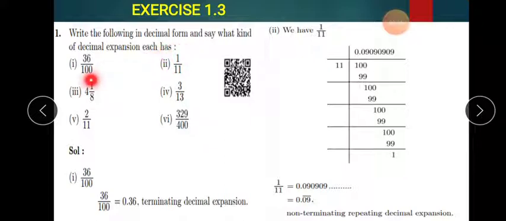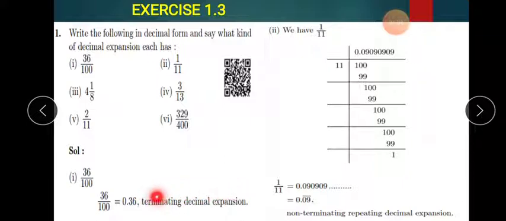So the first question, 36 by 100. So 36 by 100, so we can write as 0.36. Now as you can see, after the decimal 2 digits are there and it ends.